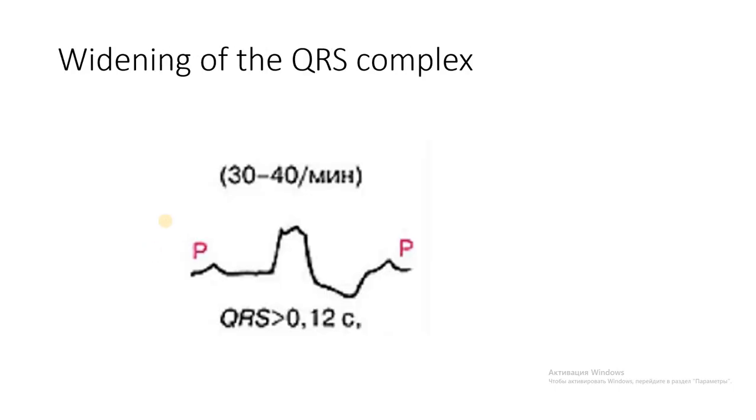Next one, widening of the QRS complex. If impulse is produced in ventricle, we can see deformation of QRST complex, and we can say discordant position of ST and T to basic wave. Here basic waves are, and we can see they are discordant, and QRS complex becomes more than 0.12 seconds.